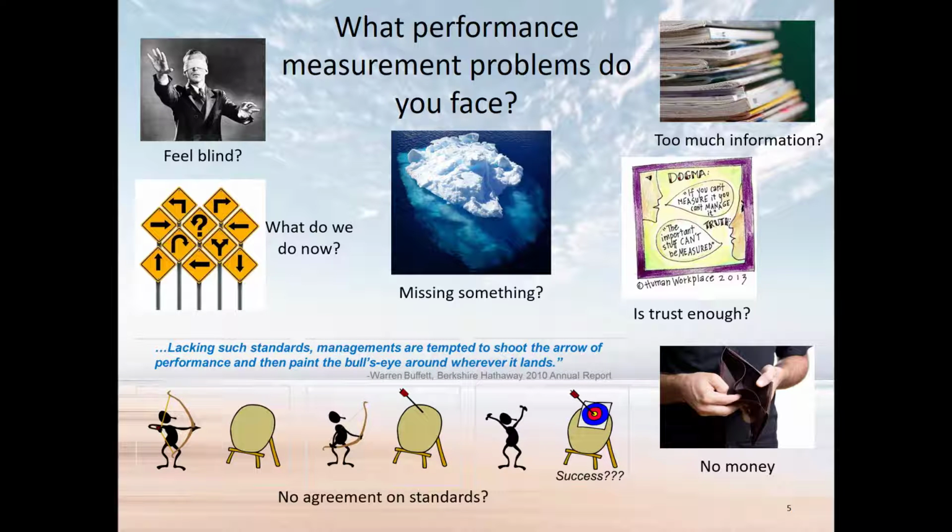And then finally, another problem I've certainly run into is no standards. You may have data, but it's like shooting, as the cartoon shows, shooting the arrow at the target, but then you draw the bullseye once you have shot the arrow. So not really knowing ahead of time what's good or bad can be a problem.